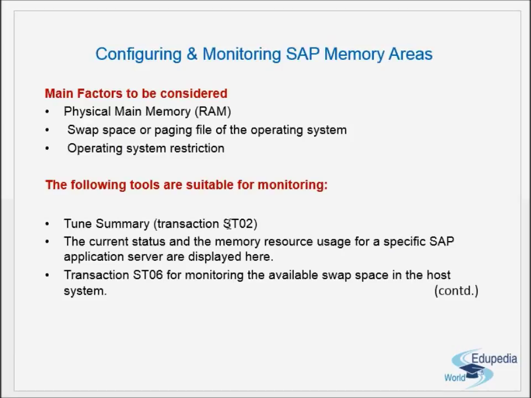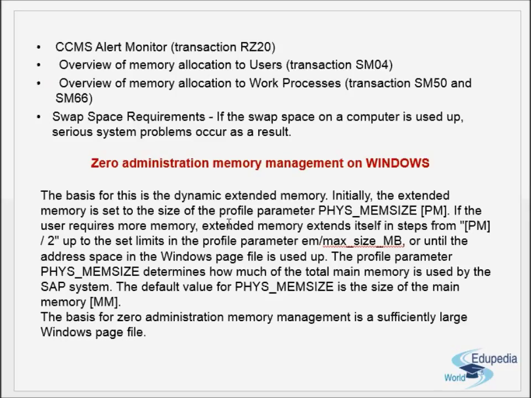ST06 shows the memory related things from an operating system point of view. RZ20, the central alert monitor, is where you can monitor all the memory configuration. The memory allocation to users on each instance you can see from SM04, and the memory allocation to work processes you can see from SM50 for each instance, or SM66 for the global work process overview.